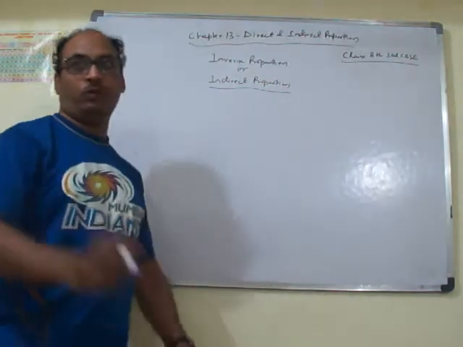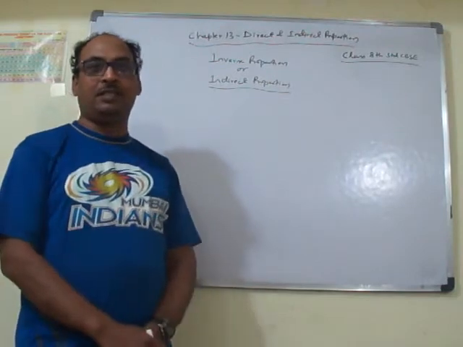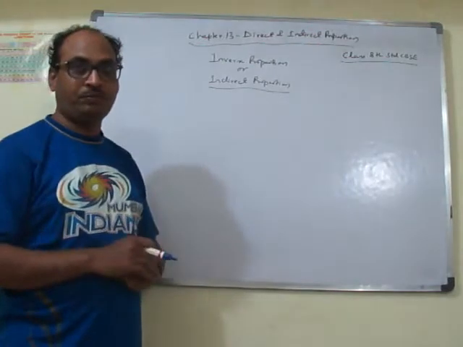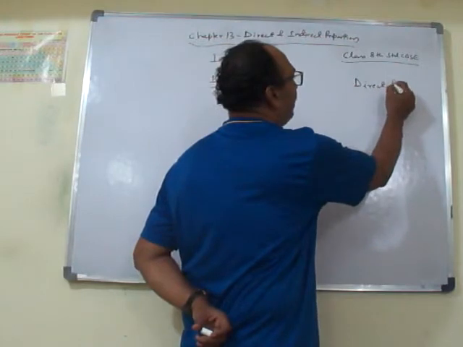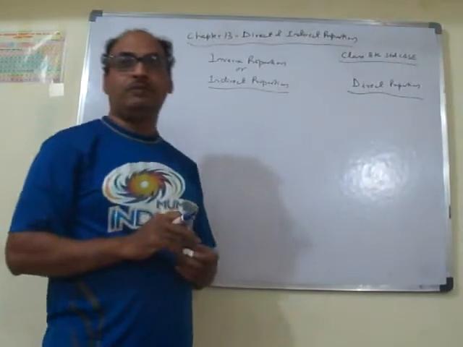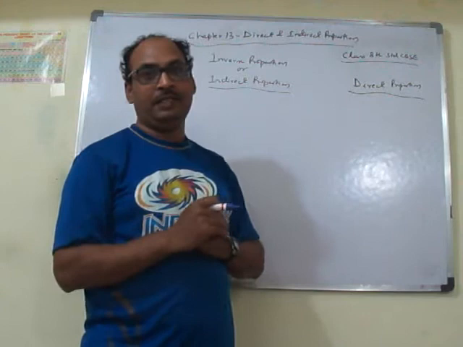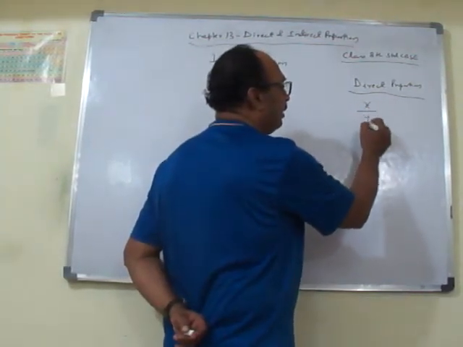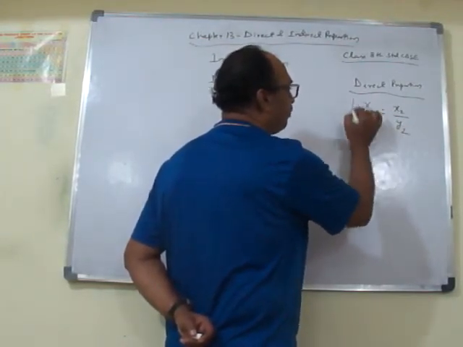In my last class, we already had a discussion on direct proportion. In direct proportion, what was the formula behind it? x1 by y1 is equal to x2 by y2.